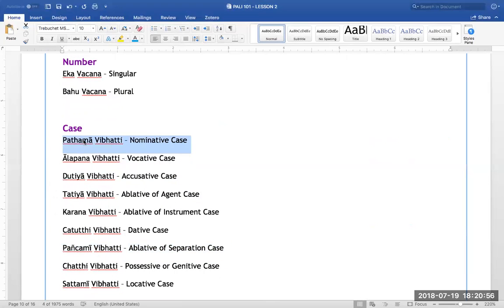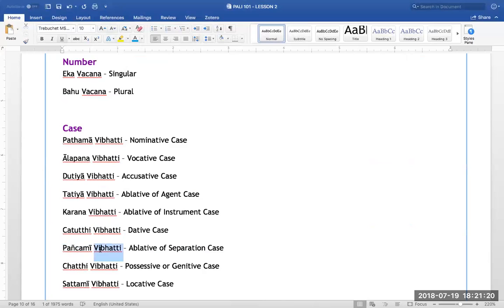Okay, Pathama Vibhati. Pathama Vibhati. I'll just pronounce the Pali words first. Alapana Vibhati. Dutiya Vibhati. Tatiya Vibhati. Karana Vibhati. Chatuthi Vibhati.